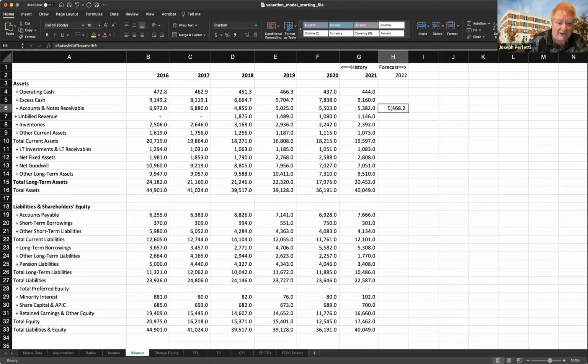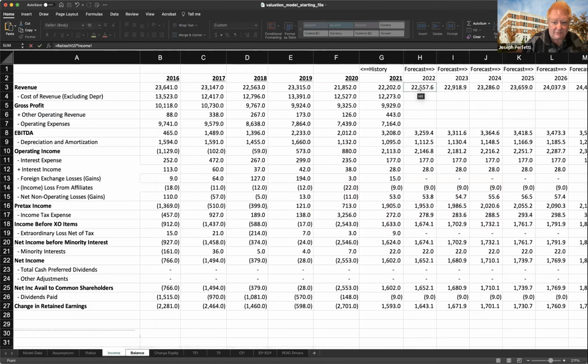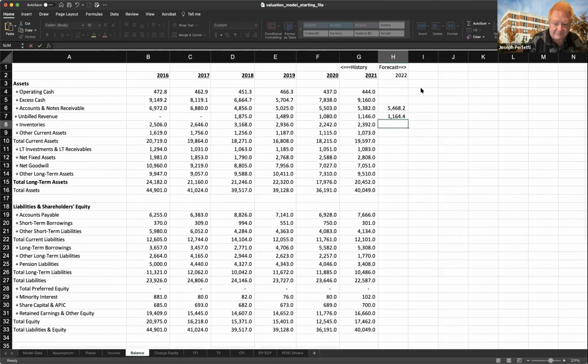Okay. Do the same process 10 more times. The next one is unbilled revenue. In 2022, unbilled revenue equals, from the ratios tab, 2022 unbilled revenue as a percentage of sales, H15, times from the income tab 2022 revenue, which is H3.